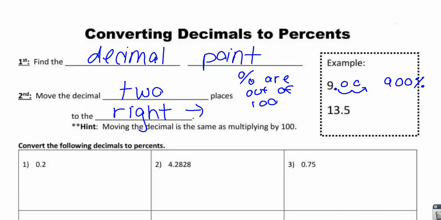So I get 900%. I can do the same thing here because multiplying by 100 is the same thing as moving the decimal 2 places to the right. Start at where the decimal point is. Don't draw it into the back. Start at where it is. Move it 2. Fill in a 0 where you need to. So this one is equal to 1,350%.